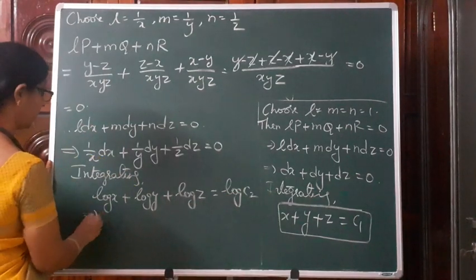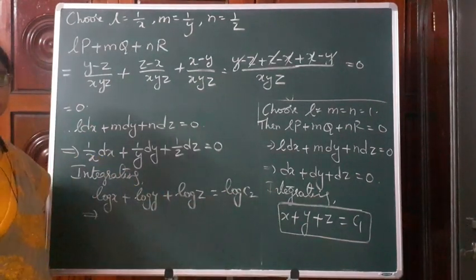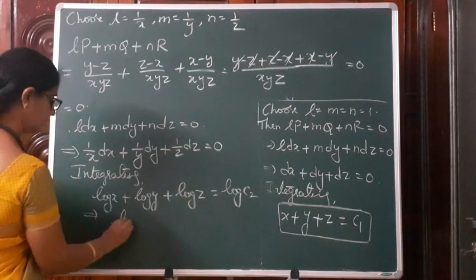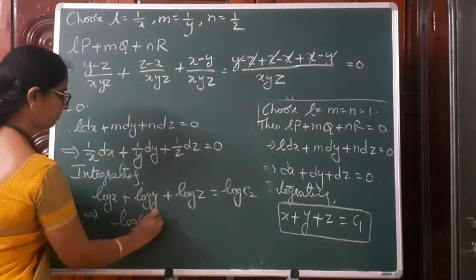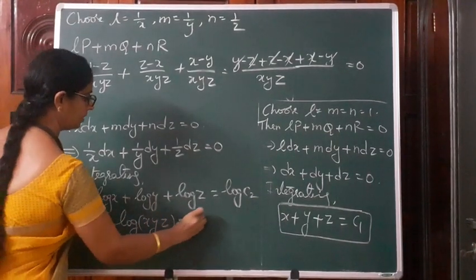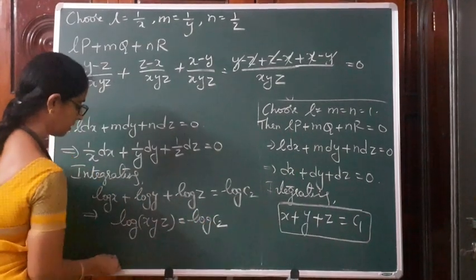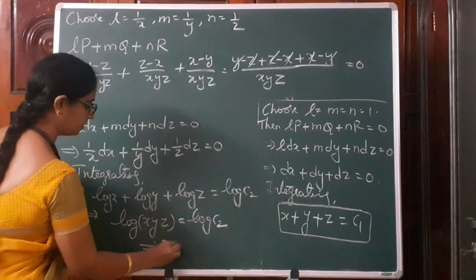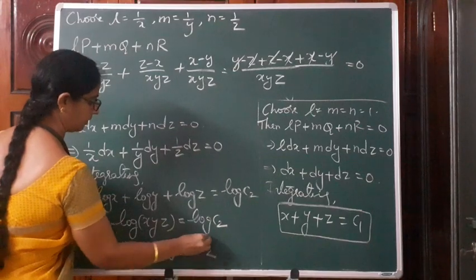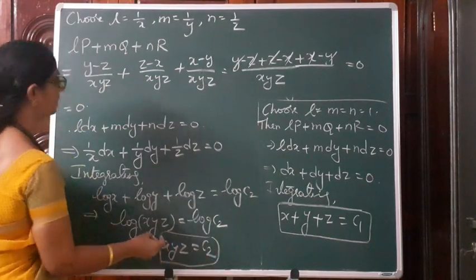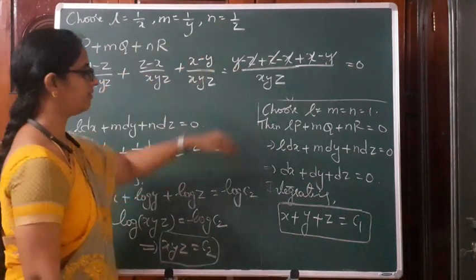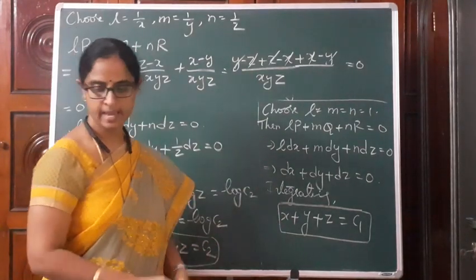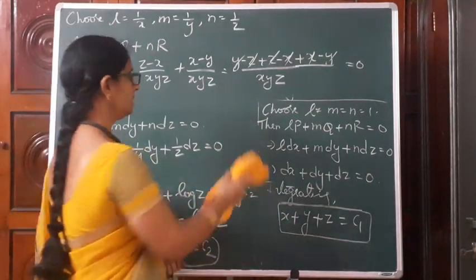Since log a plus log b plus log c is log of a into b into c, that is log of xyz is equal to log c2, or xyz is equal to c2. This is the second solution with the multipliers 1 by x, 1 by y and 1 by z, whereas the first solution is x plus y plus z equals c1.